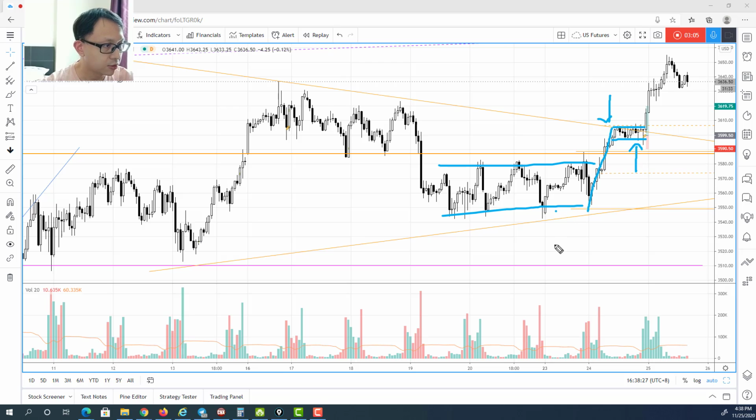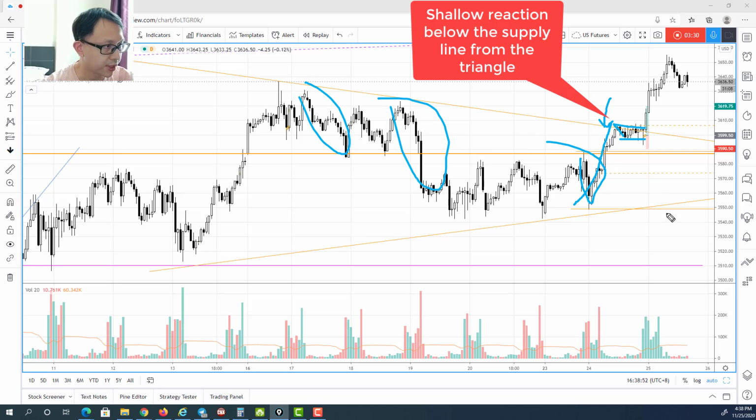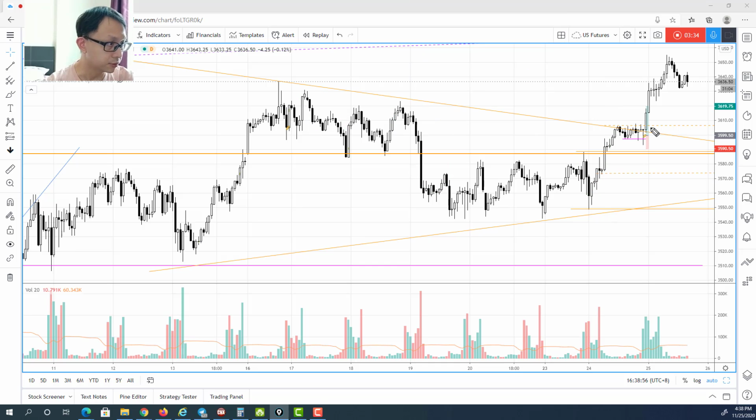So unlike this type of relatively large trading range, this is a very shallow type of trading range. So just think about this. We have this up move, and once it hit the resistance level, it just had this shallow reaction, and that's a horizontal type of reaction instead of this kind of reaction, or even this type of reaction. So this is a very bullish character.